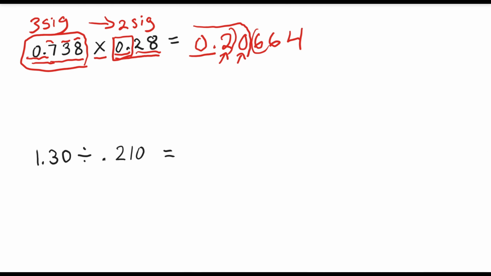And to do that, all we have to look at is the number next to the 0, which is the 6. And if it's greater than 5, we round up. If it's less than 5, we round down. So our final answer will be 0.21 or .21. Same thing.